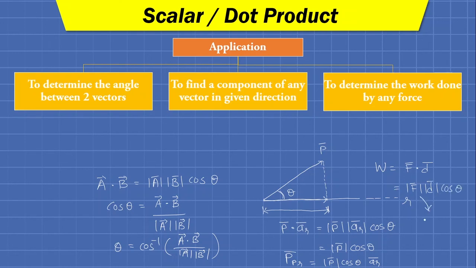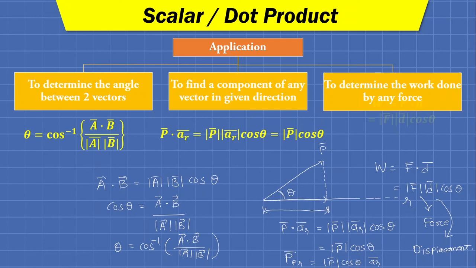Here F represents the force and D represents the displacement. We can also find many other applications, but for your understanding I have only taken 3 applications. The equations for each application are also shown here. In the next video lecture, we will discuss the cross product or vector multiplication.